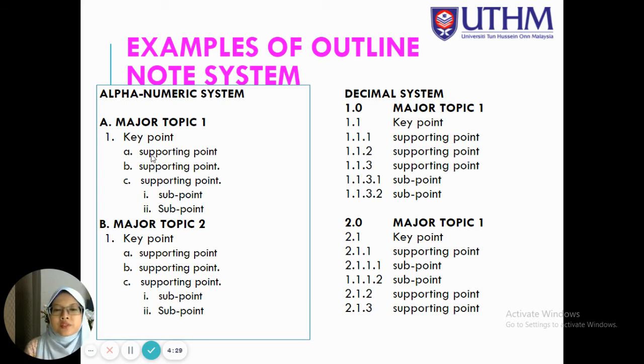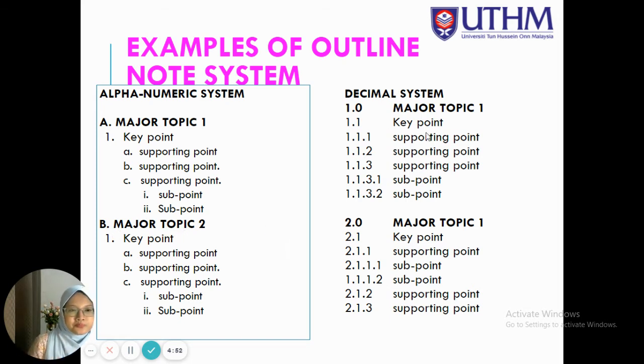Then you have supporting points or supporting details A, B, and C. You can also include subpoints 1 and 2 in Roman numerals here. You can also have subpoints here for A and also B. This is just an example. Finished with major topic 1, you can proceed to major topic 2.